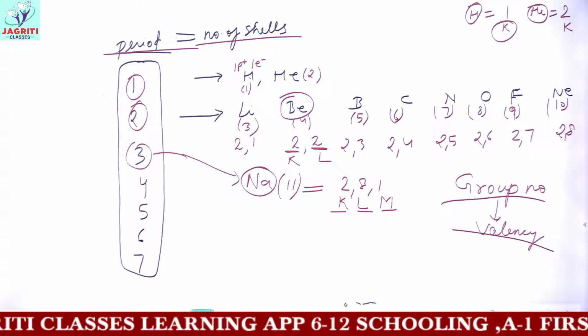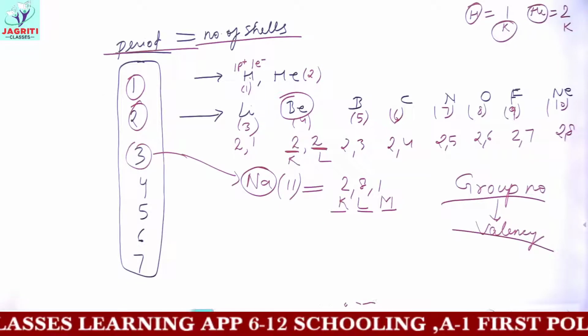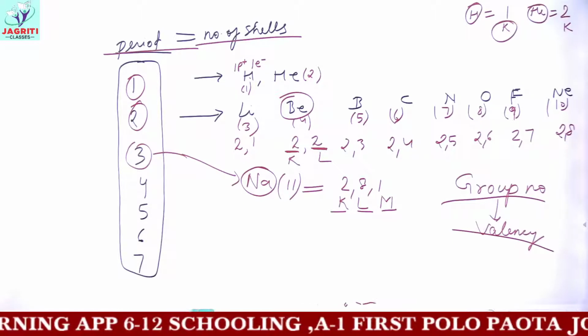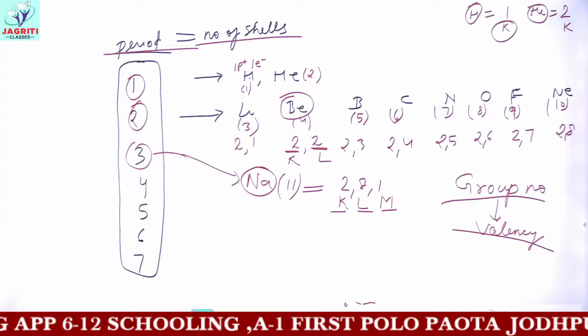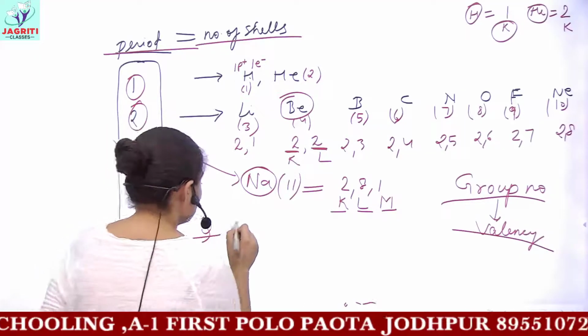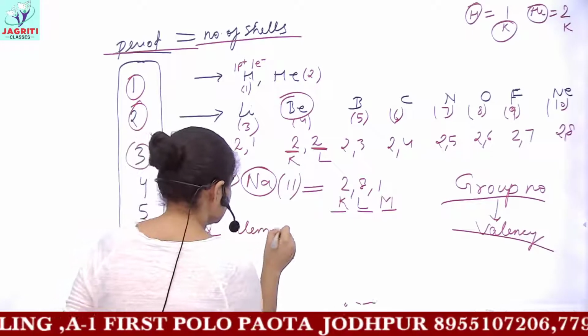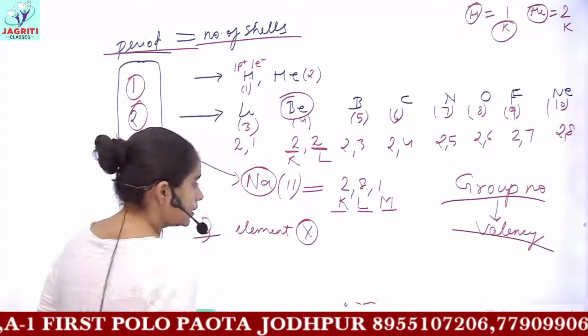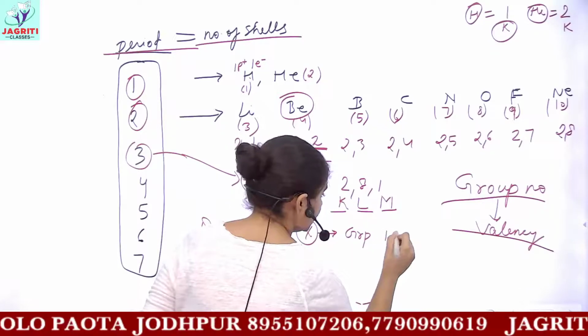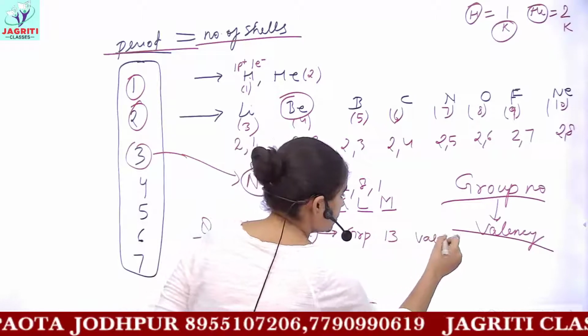That is, what is the use of period number and group number? You can identify which elements are present. If I give you a question that element X is present in group 13, then tell me its valency.